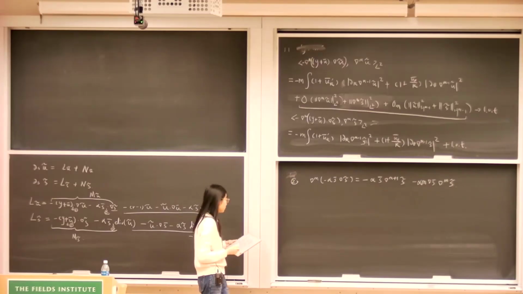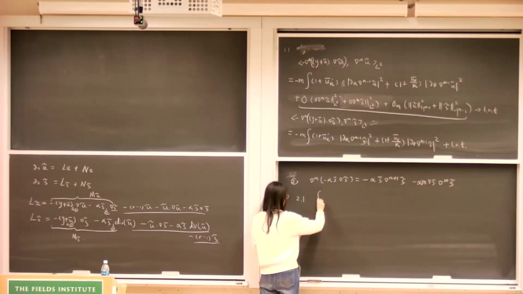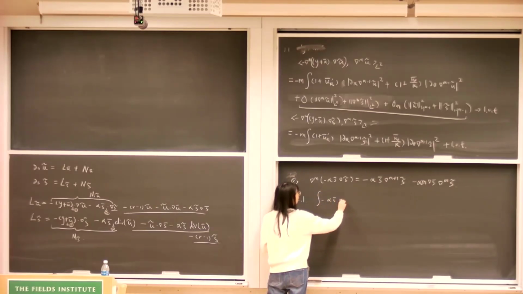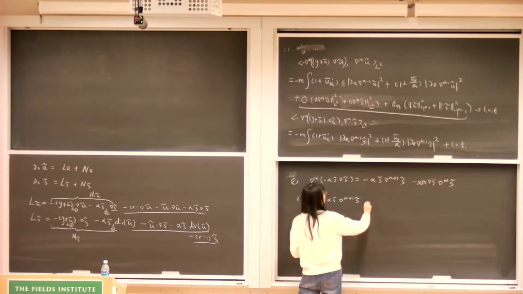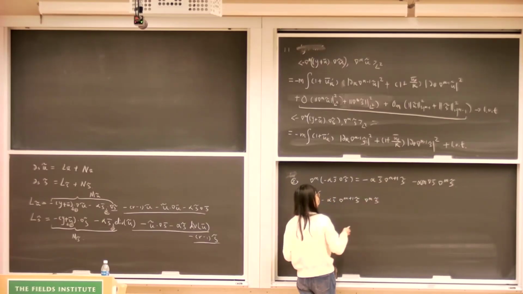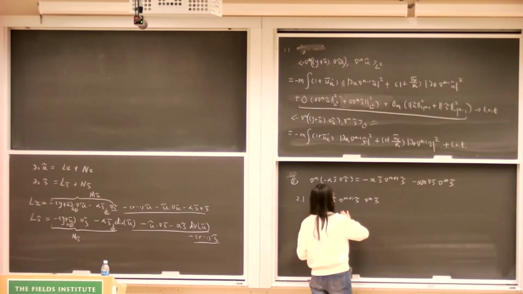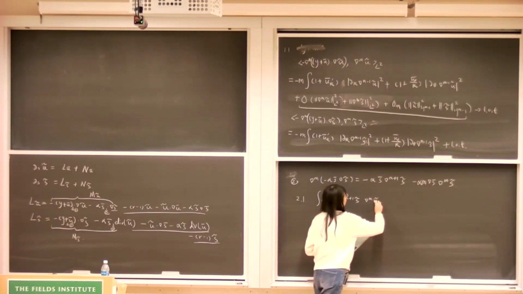And then we do the integration by parts for the first part. So let's say 2.1. So this term is in the equation of S tilde. So no, this U tilde, sorry.